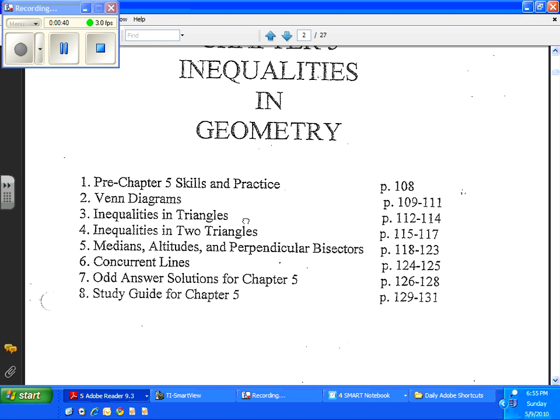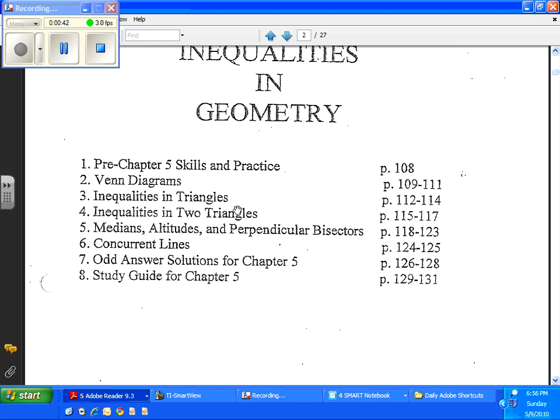Inequalities in a triangle. We learned if two sides of a triangle are equal, then the angles opposite those equal sides are equal. So now if two sides of a triangle are unequal, where one's bigger than the other, then something must be true about the angles across from those unequal sides. So now we're dealing with inequalities, not equalities.